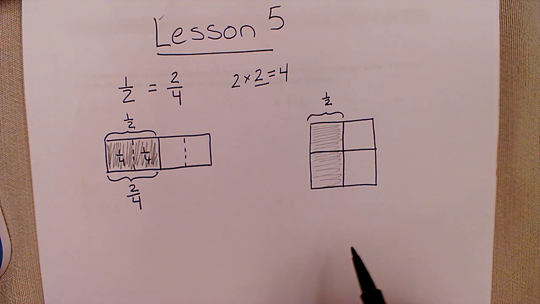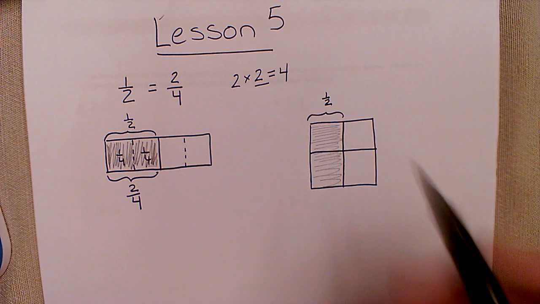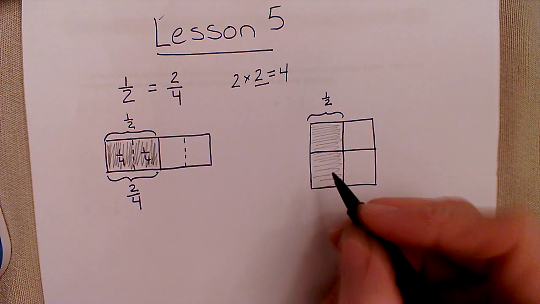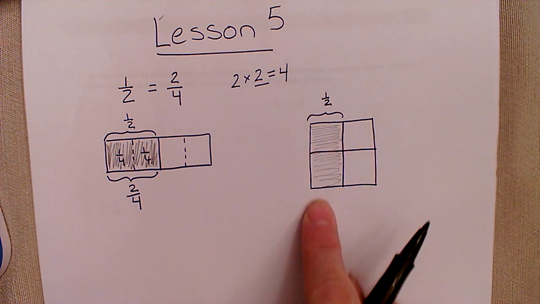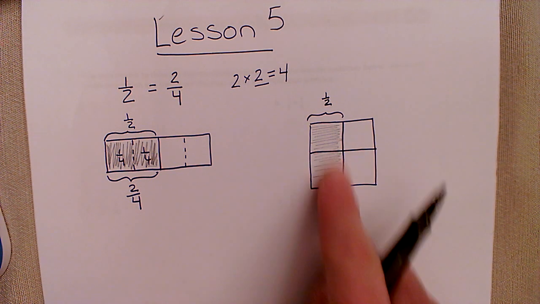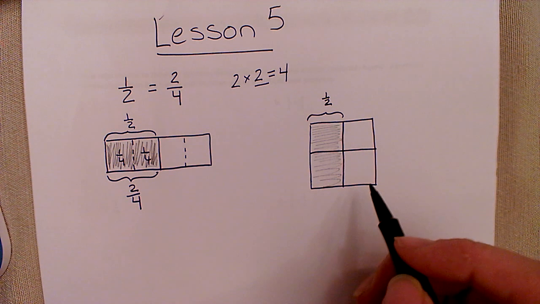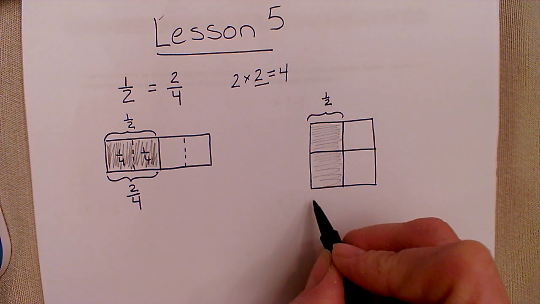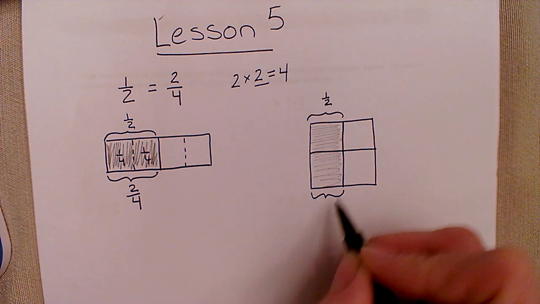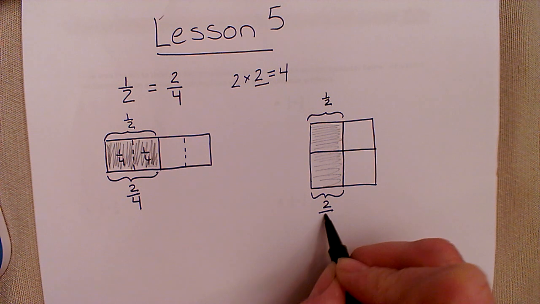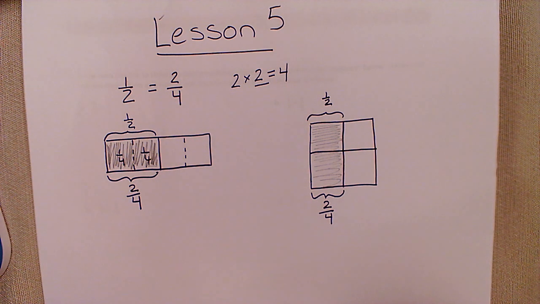Let's pretend that they're perfectly equal. So I have 4 equal pieces here that I've split this up into. So now what you can see is that this 1/2 could also be 1, 2 out of 4, or 2/4. And that's how this lesson is different today. And then we can put that underneath here and show that that is actually 2/4.